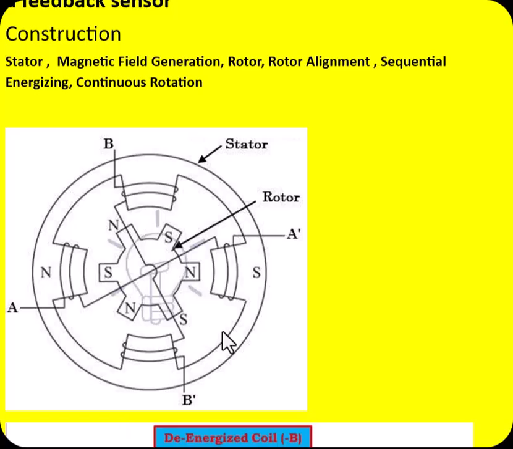In the next moment, this phase A's power is cut or de-energized, then phase B is connected to the supply so that this forms here a north pole and this is the south pole, and this south pole of the rotor tries to align with this north pole of the B phase. So the rotor rotates in the clockwise direction continuously as long as the stator changes its polarity in this way.